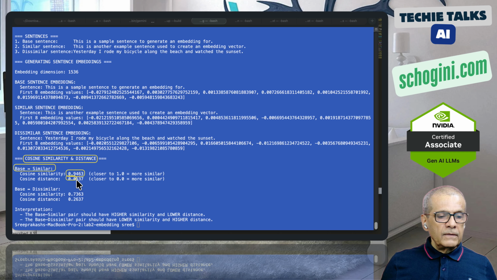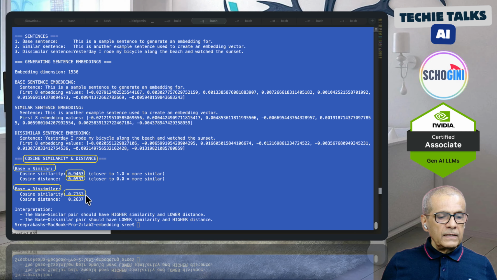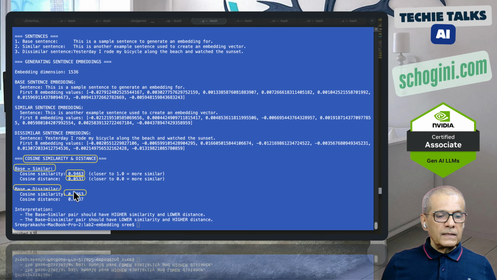So here, for the base sentence and the dissimilar sentence, cosine similarity is 0.73. They are less similar. See this 0.9 and 0.7. Closer to 1 means more similar. And their distance is farther. See 0.26, whereas the similar sentence distance is 0.05. Are you getting the point?